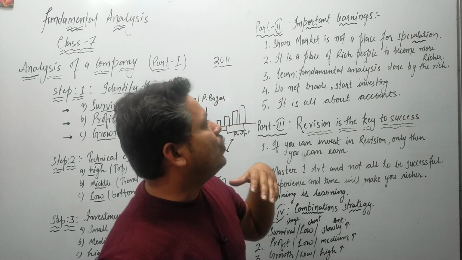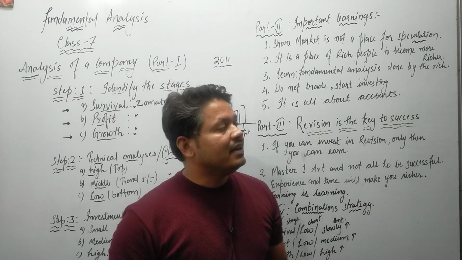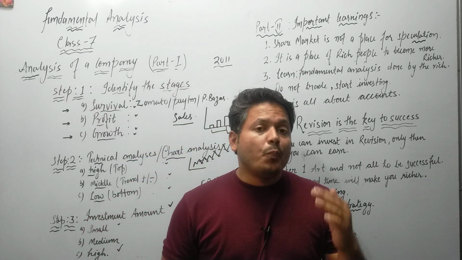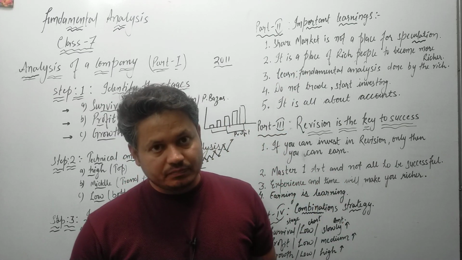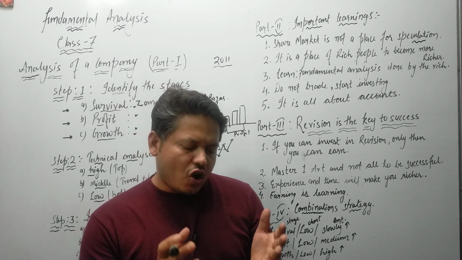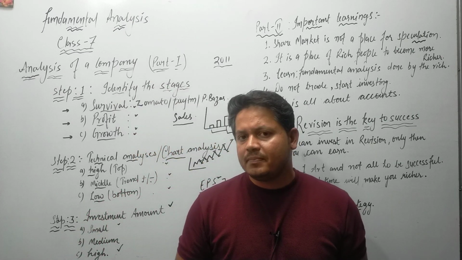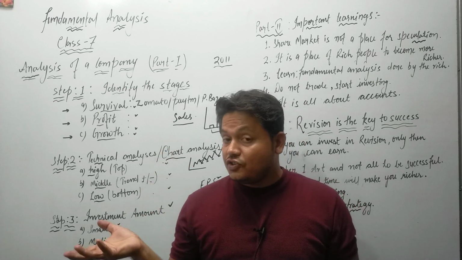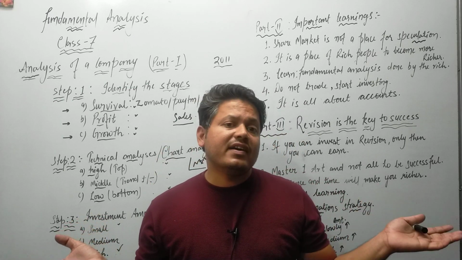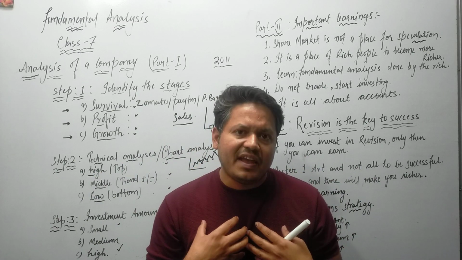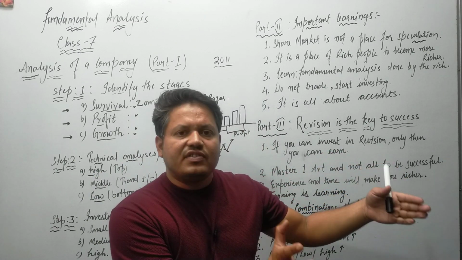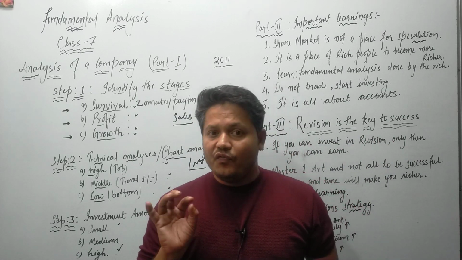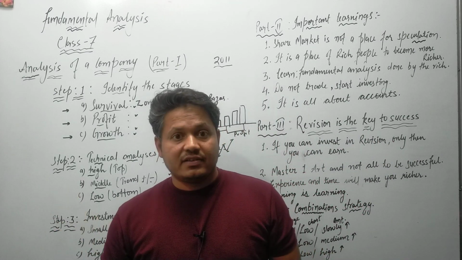Second thing I have learned here is, it is a place for the rich people to become even richer. Stock market is a bridge between the rich and the company. The people who have savings can invest their savings and in return the company will grow their savings.